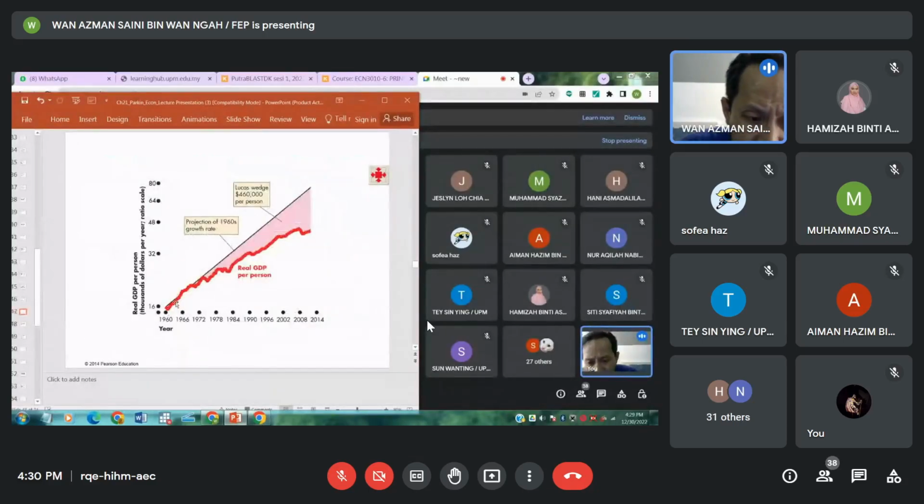This is the actual output per person that we have, or GDP per capita that we have. You can see that the GDP per person is increasing, but it is increasing at declining rates. The slope here is higher as compared to the slope here.